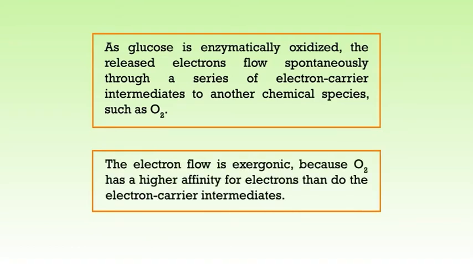The electron flow is exergonic because oxygen has a higher affinity for electrons than do the electron carrier intermediates. The resulting electromotive force provides energy to a variety of molecular energy transducers, like enzymes and other proteins, that do biological work.